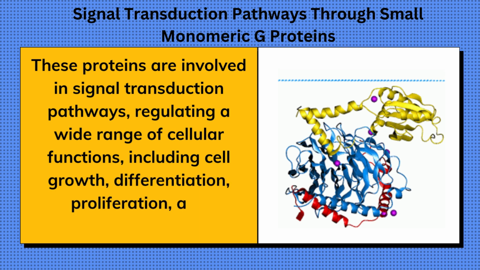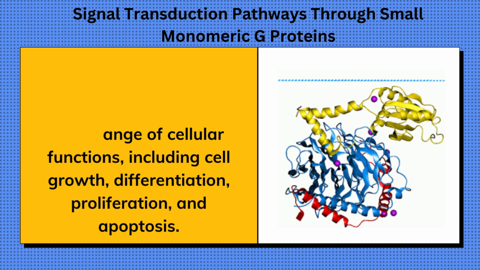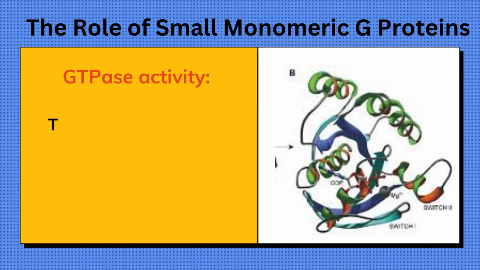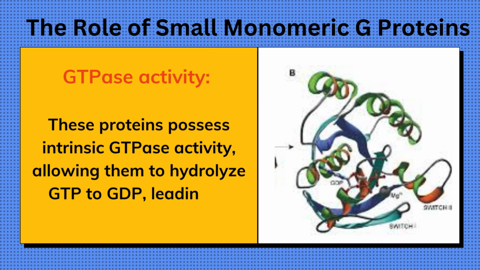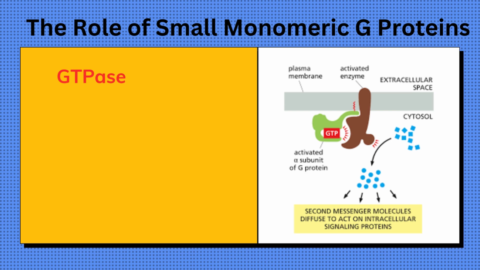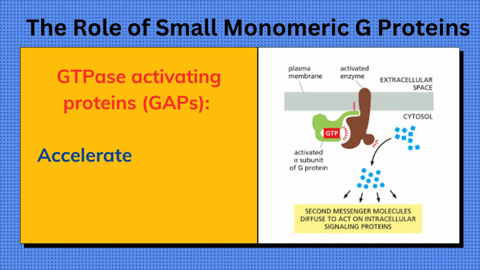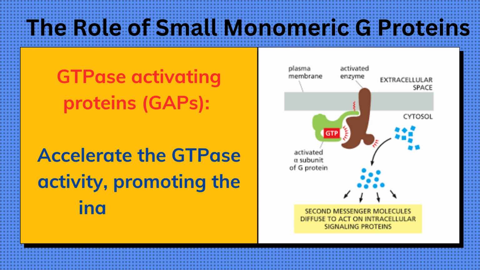and apoptosis. The role of small monomeric G proteins, GTPase activity. These proteins possess intrinsic GTPase activity, allowing them to hydrolyze GTP to GDP, leading to their inactivation. GTPase activating proteins, GAPs, accelerate the GTPase activity, promoting the inactive state.